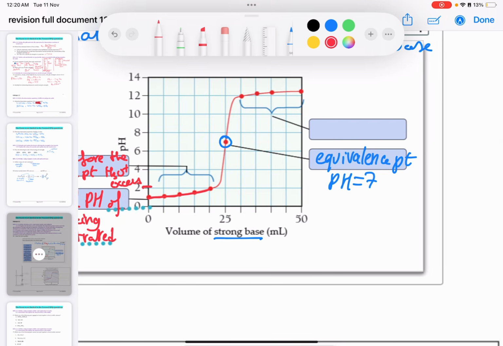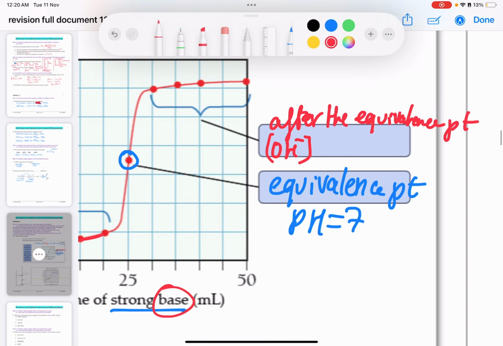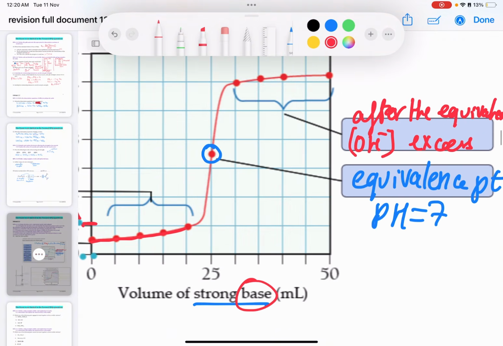Now here, this is the point after the equivalence point, and that is where OH-, because I am adding a base, becomes in excess. Now I need to mention that only at equivalence point do the moles of OH- equal the moles of H+.